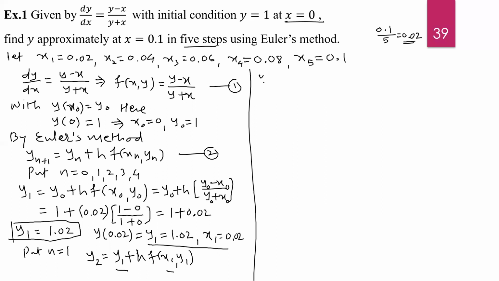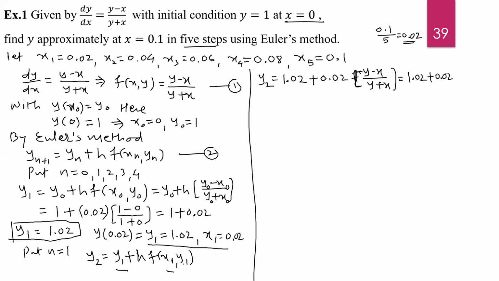Now y2 is equal to y1. Y1 we have calculated, 1.02, plus h. H is 0.02, and the function, see, I'm writing the function here, y minus x divided by y plus x, is equal to 1.02 plus 0.02 times y minus x divided by y plus x.